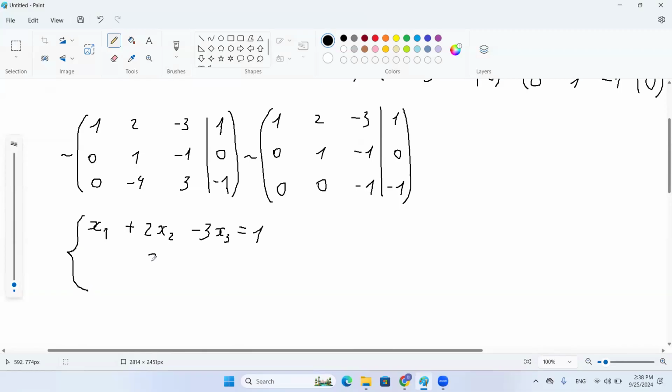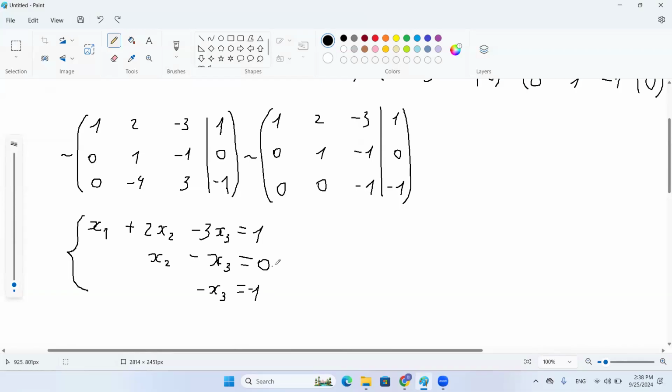And here x2 minus x3 equals 0. And minus x3 equals 1. Oh, -1. Yeah, the minus.